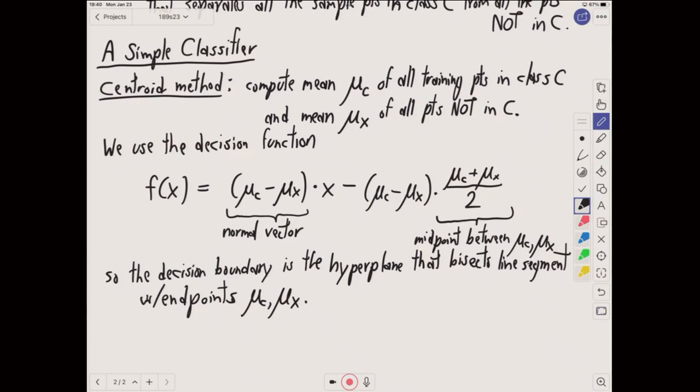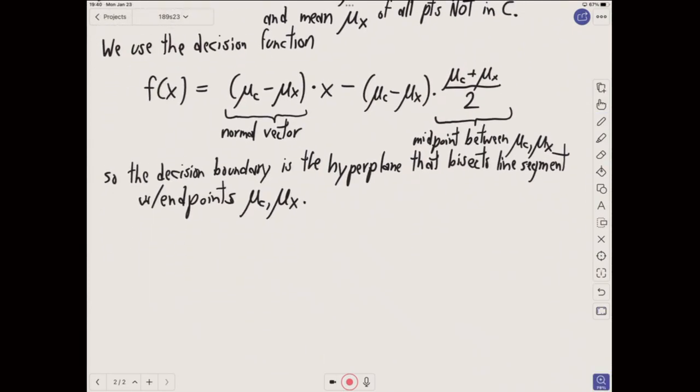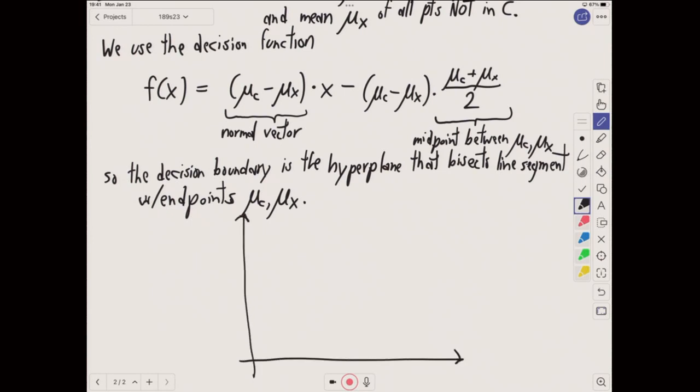Now, this will all make a lot more sense if you see an illustration of it. So let's draw an example. Here's a two-dimensional feature space, and I'm going to have some points called C. Here, here, here, here, here, and then throw one way over here.